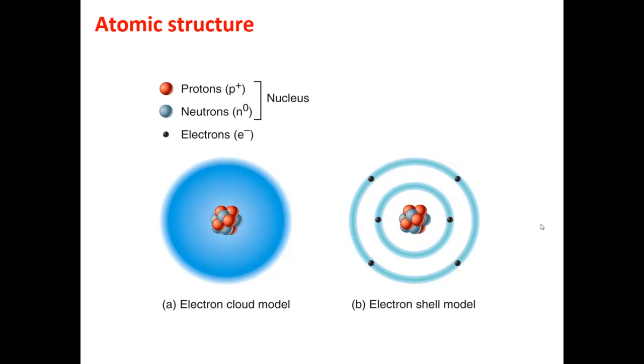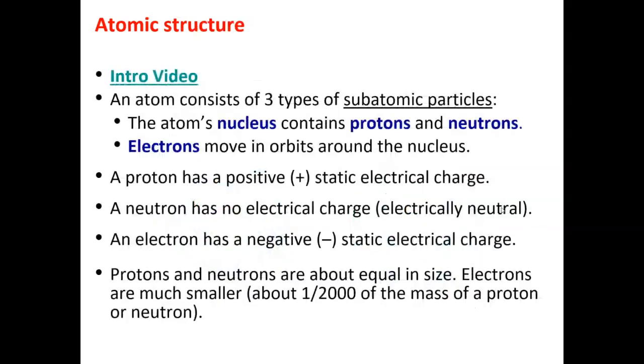The mass of a proton and a neutron are about the same, but the mass of an electron is much smaller. It's about 1/2000th the size of a proton or a neutron. An important difference among these three subatomic particles is their electric charge. They have a static electric charge on them, and static means not moving.